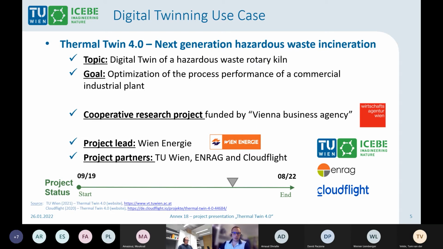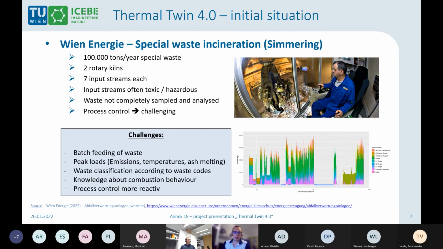As you can see in the timeline, we're in the final phase of the project, and therefore I can show you something right now. The initial situation is that in Vienna, in Simmering, part of Vienna, 2 rotary kilns are stationed, and these 2 rotary kilns burn 100,000 tons per year of hazardous waste with 7 input streams.